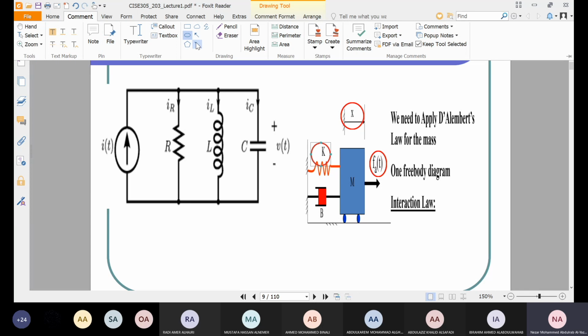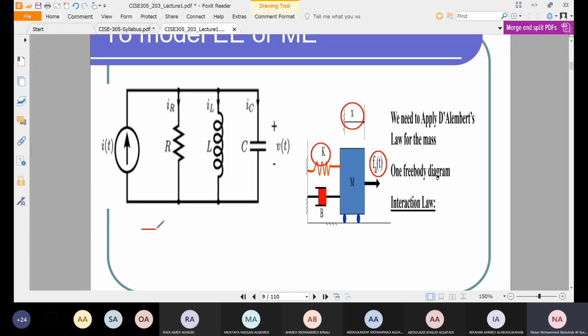Okay, if we have a spring, let's bring a pencil. If I have a spring like this one, if I try to extend the spring, I pull the spring in this direction. Okay, so now I extend the spring. You can see this is the normal length, and now this is the new x, or displacement, that the spring gets.